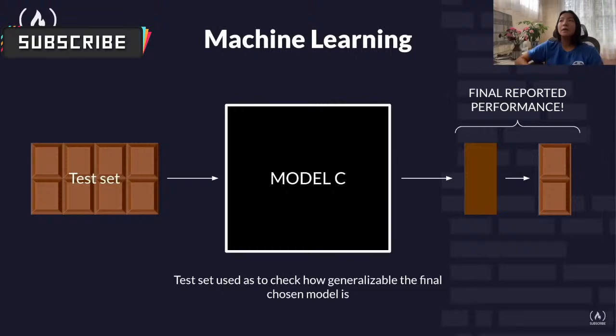So if I finish training my diabetes data set, then I could run it through some chunk of the data and I can say, oh, this is how it would perform on data that it's never seen before at any point during the training process, okay? And that loss, that's the final reported performance of my test set, or this would be the final reported performance of my model, okay?